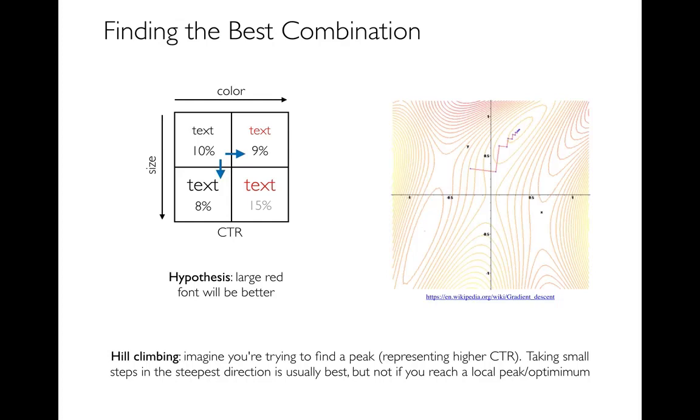And so there are different strategies, right? One strategy is that you make one small step or one change at a time and see, is click-through rate higher? Is it higher? And you keep making these changes, and eventually you're going to end up at some sort of peak. So that's generally a good strategy. But the counterpoint is that maybe there are multiple peaks, and if you only take one small step at a time, you're going to get to a small peak, and maybe you stay there, right?